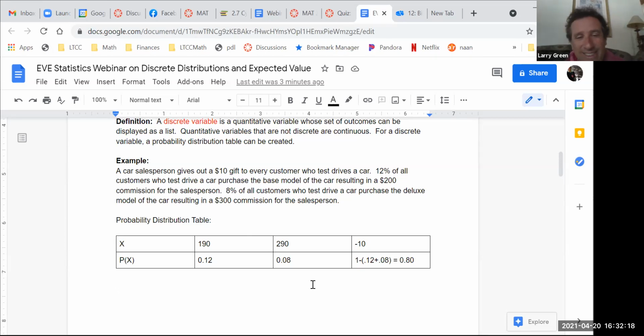The question is, is it profitable in the long run? Does that make sense as the question? If you do this and have many customers, what do you think the average amount of money you're going to make per customer is going to be? Any questions on the question?